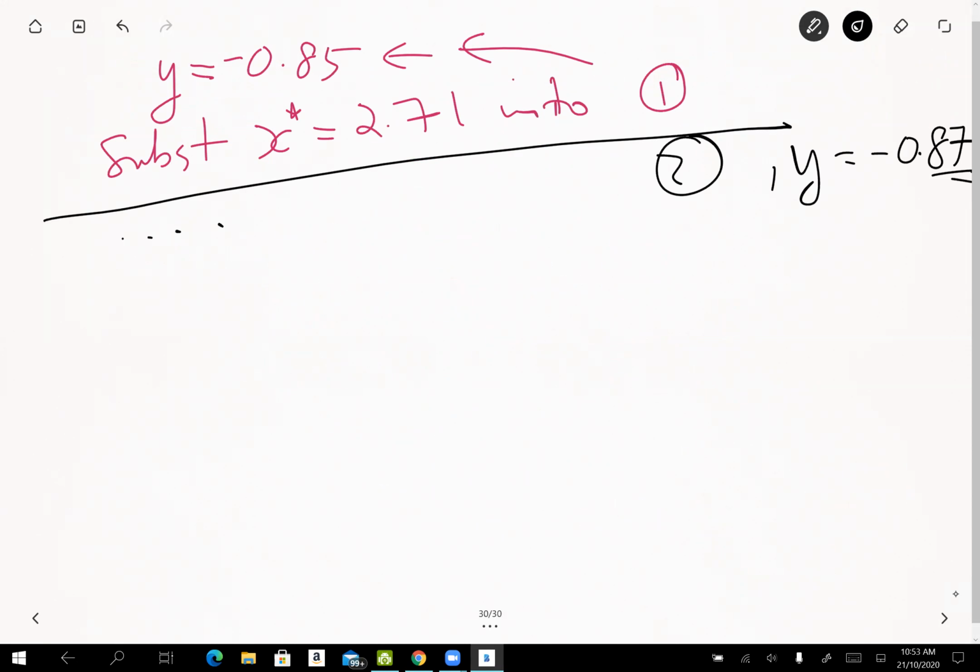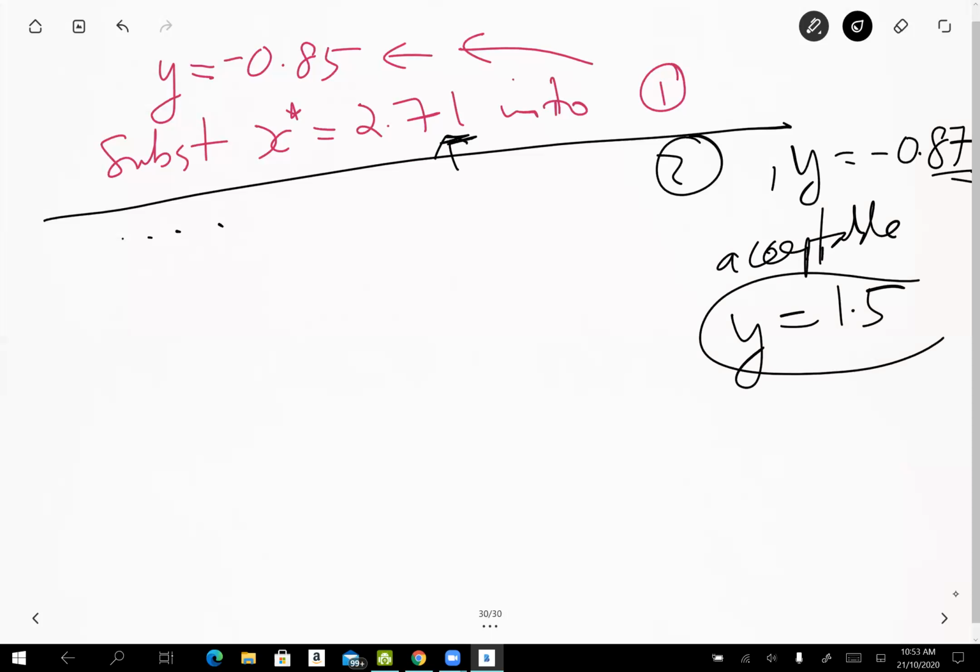The difference is because of the decimal points that I chose. If I put more, it'll be closer. So it is acceptable because it's not that far, unless you get y equal to 1.5. Then I think something is wrong. So either you put into 1 or 2, you will get the same value of y. Here you got different values due to the decimal points. All right? Good.